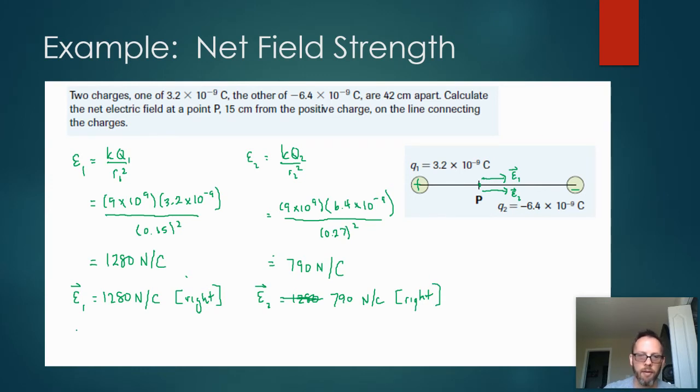And so now we can say that maybe E net or E total, whatever you want to call it, is 1280 to the right plus 790 to the right. Add those two together: 2070 newtons per coulomb, again to the right.